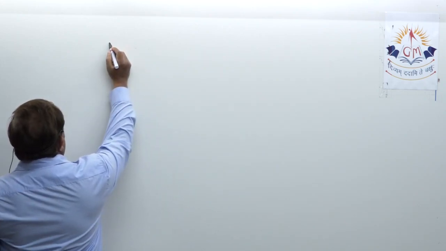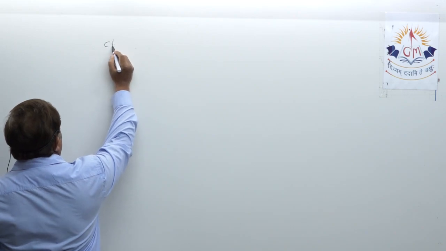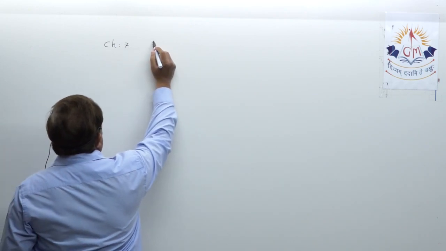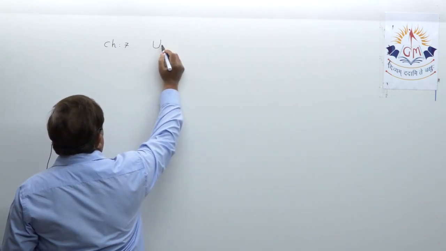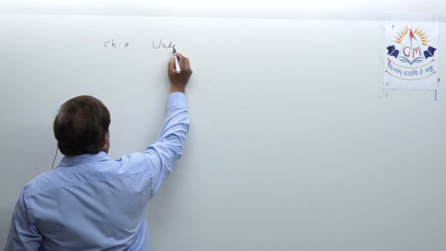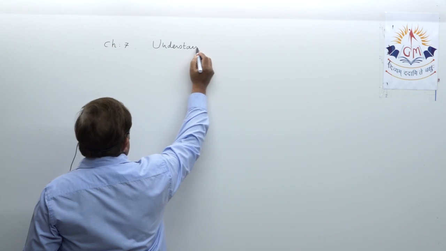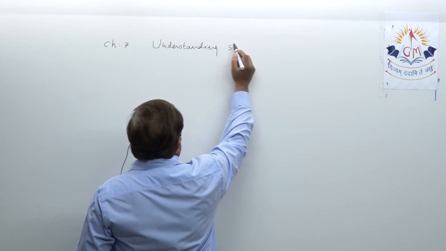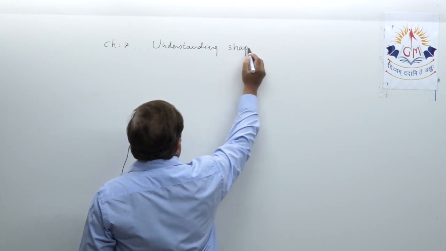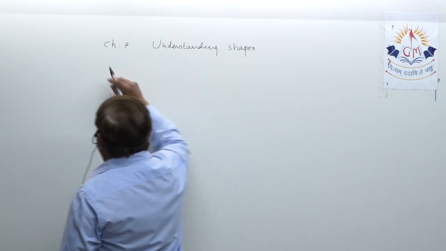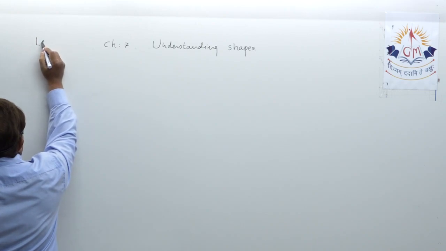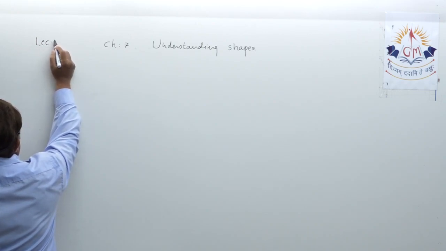Okay, before we start, the title of the chapter 7, okay, name. So after so many lectures, you all know, let us still write: understanding shapes. That's the title of the chapter, and today you are attending lecture number 11.